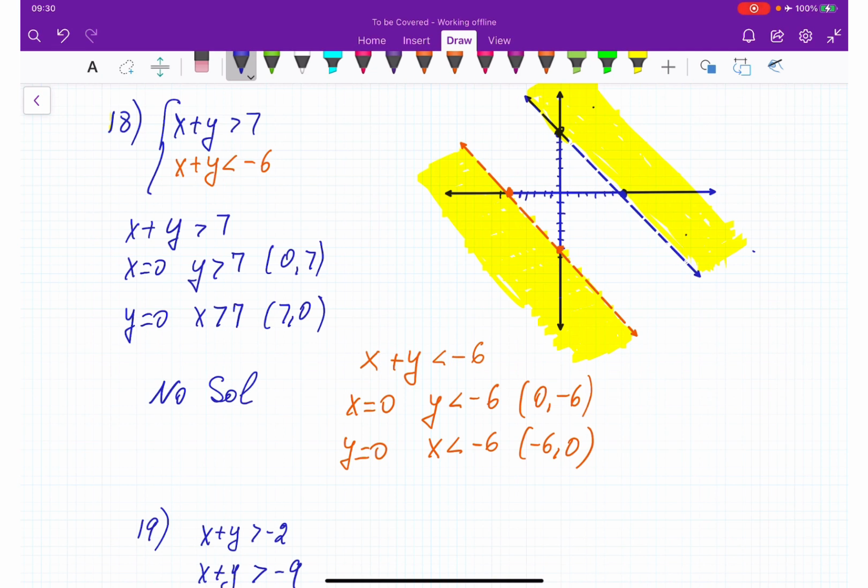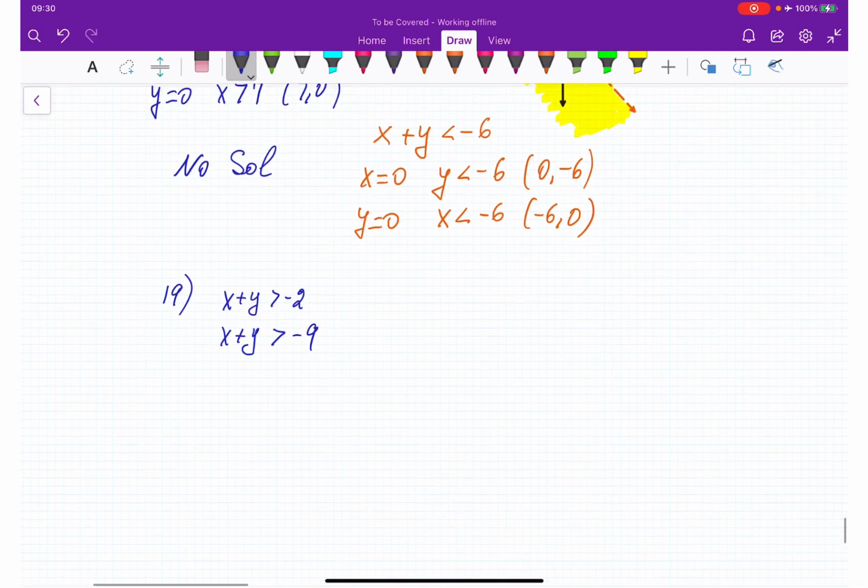Even looking at the system, you could say that these two do not have anything in common, because terms are the same, x plus y, and operations are the same. No coefficient, it's absolutely identical. x plus y, x plus y. One goes more than 7, the other one goes negative 6. That already is a sign that they don't talk to each other. They are enemies. They don't have anything in common. They are not friends. And the graph showed the same thing.